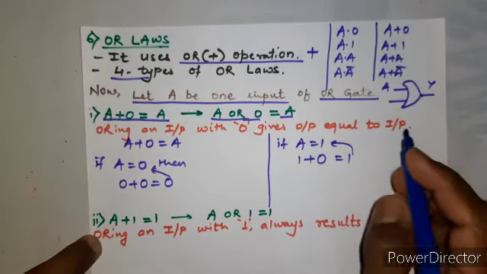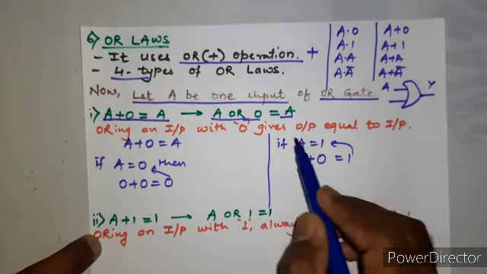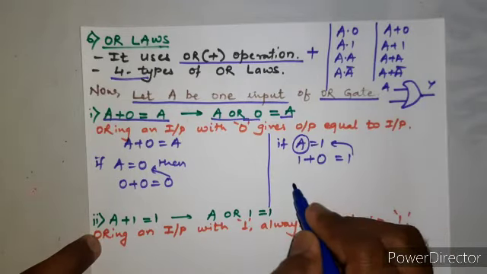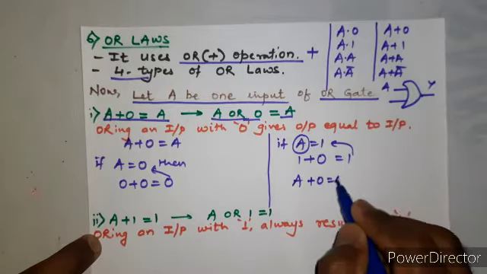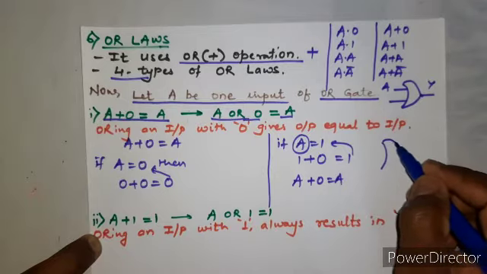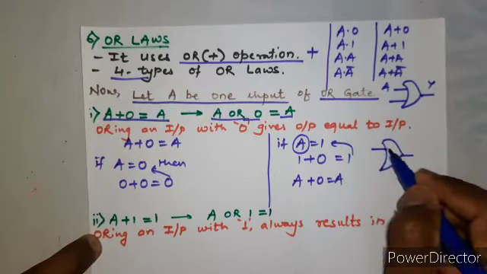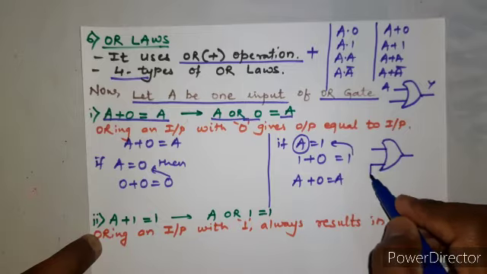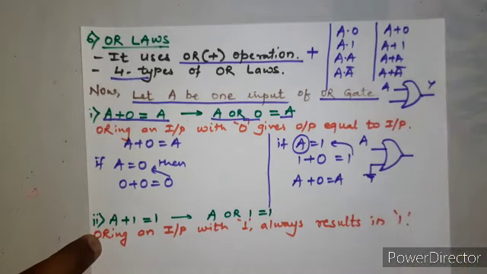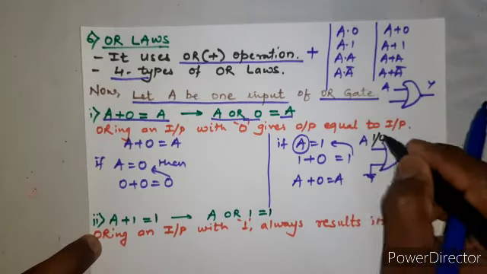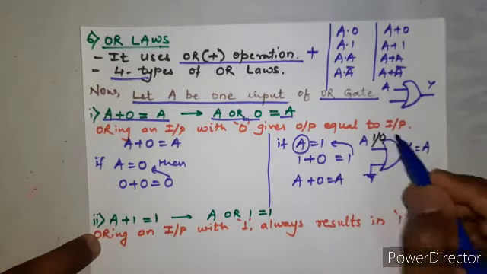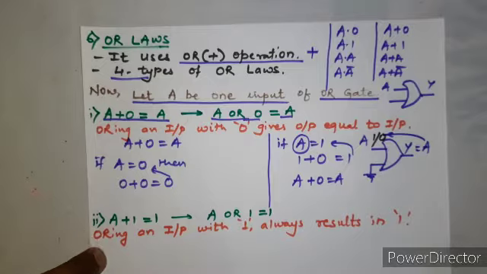So in both cases we are getting output as A. So A plus 0 is equal to A. If I want to draw, this is an OR gate. Since one input is 0, it is grounded, and this is A, which can be 1 or 0, and this is output Y, which is equal to A, depending on this condition.